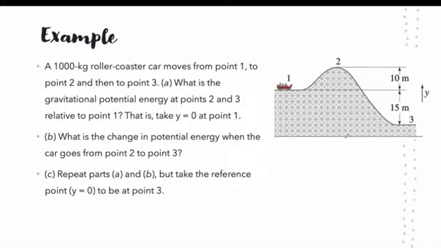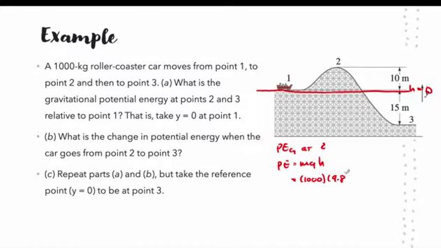All right, welcome back. Now, if we are taking our reference level as point 1, then this height right here is equal to 0, all right? So if I want to find the gravitational potential energy at point 2, it is going to be equal to mgh, which is 1000 times 9.8 times h, which is 10, right?